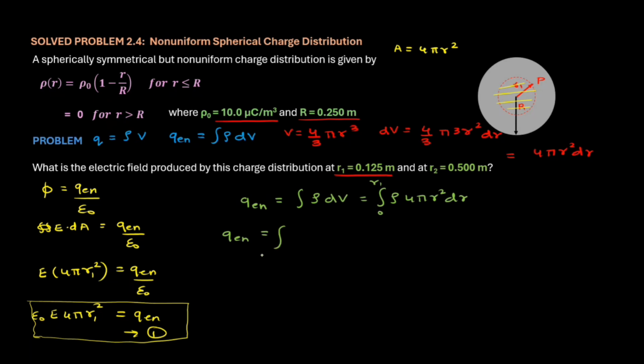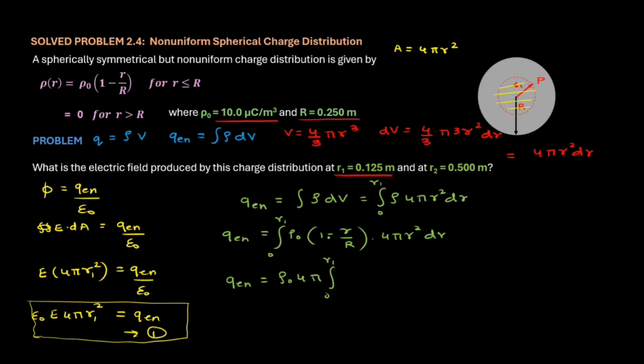Rho for any point within the sphere is given as rho naught times (1 minus small r over capital R) times 4 pi r squared dr. Now we will take all the constants outside of the integral. Rho naught is a constant, 4 pi is a constant. So charge enclosed will be equal to rho naught 4 pi times the integral from 0 to r1 of r squared multiplied with the bracket.